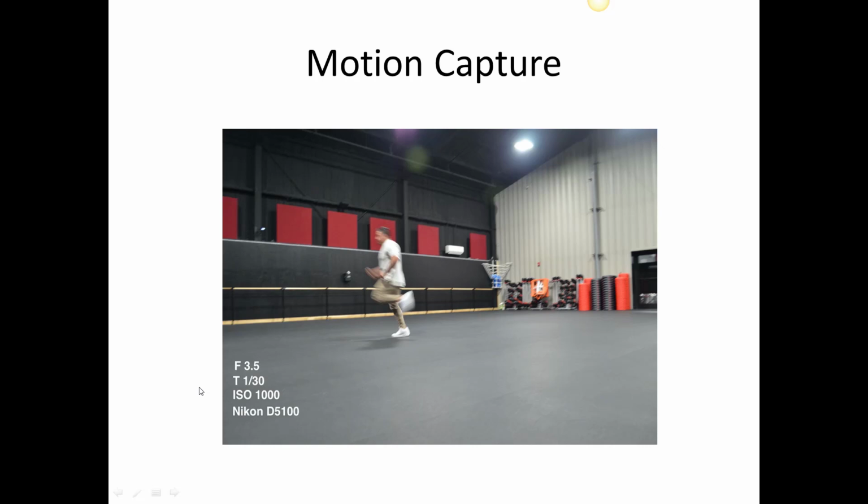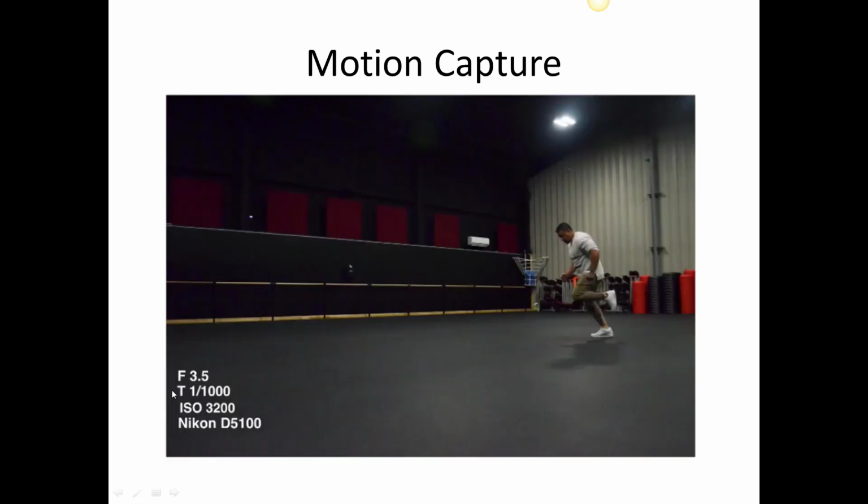Okay, there's a couple of shots here of just activity. This guy's running at 1/30th of a second. Again, it's pretty slow. And 1/100th of a second is enough to completely freeze the subject here.